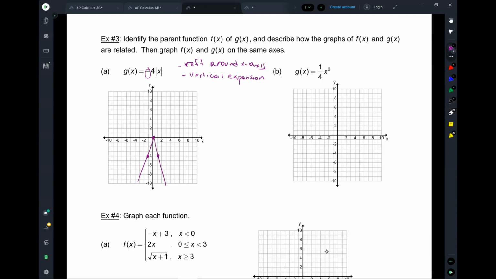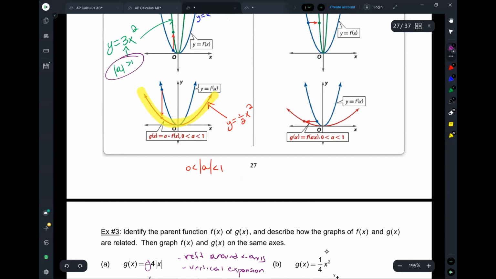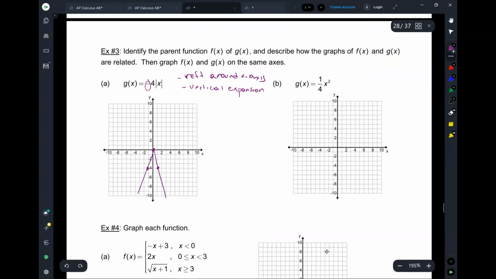Can you explain why it's a vertical expansion? Because this a in front of it is greater than 1. It's a 4. I was thinking of it as negative. Right, but you always take the absolute value. That's why I said absolute value.